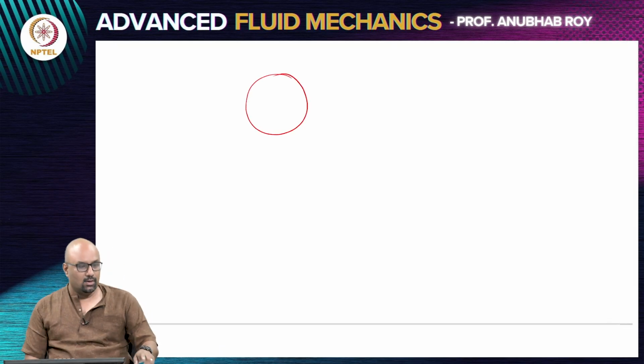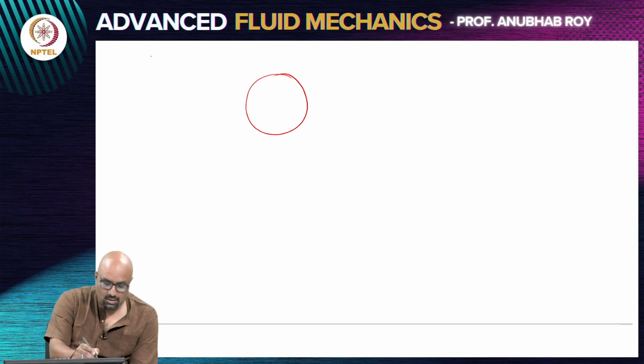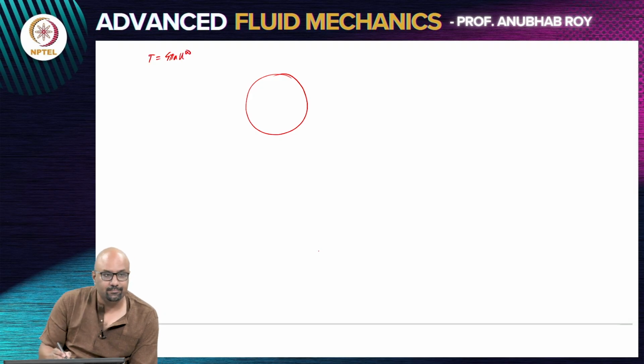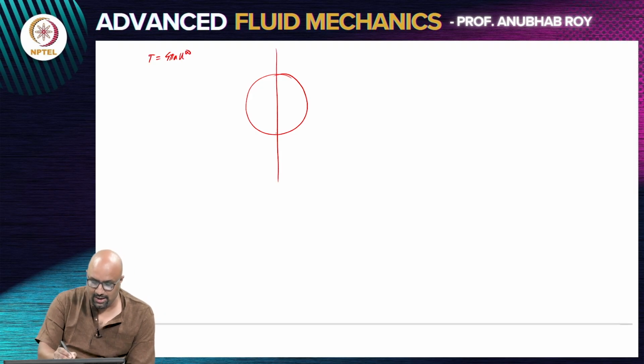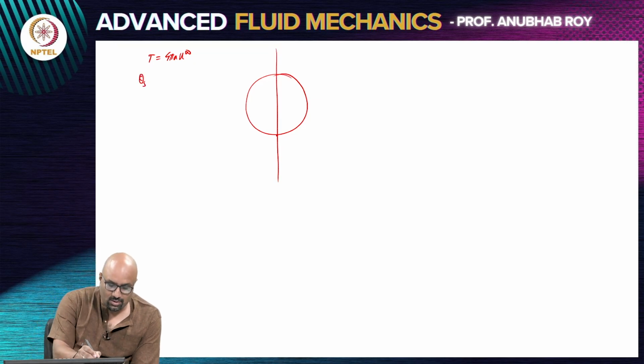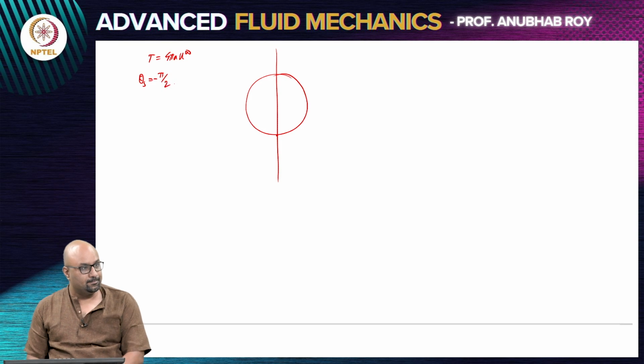Eventually, when you consider the case of gamma equals 4 pi a u infinity, there is a single stagnation point in the problem. In that particular case, the stagnation point is at r equals a and theta equals minus pi by 2.